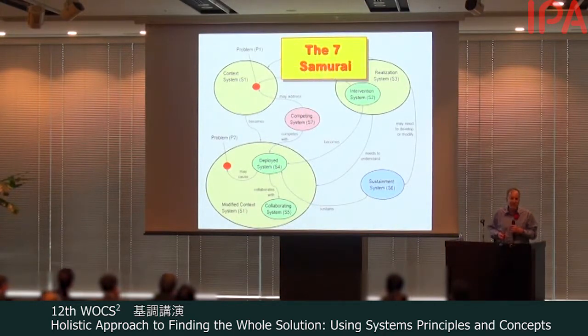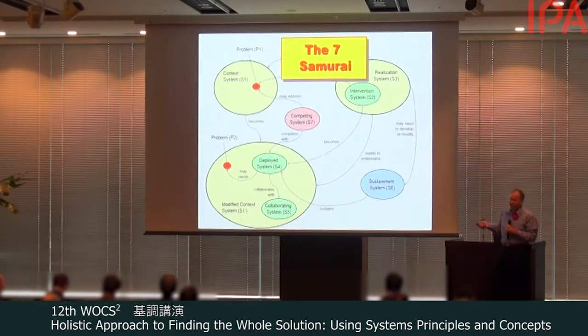So these are the 7 samurai. You can apply the PICARD theory to each one of these systems, because each of the 7 systems has parts. There's interaction within the system, interaction between the 7. There's different contexts. There's original context and there's modified context. All the systems have their own actions.